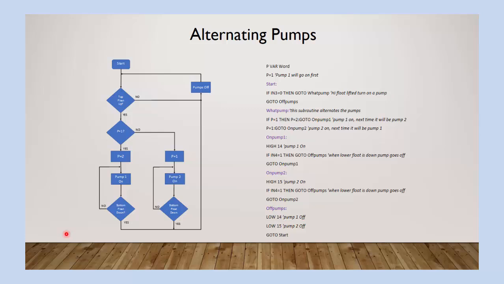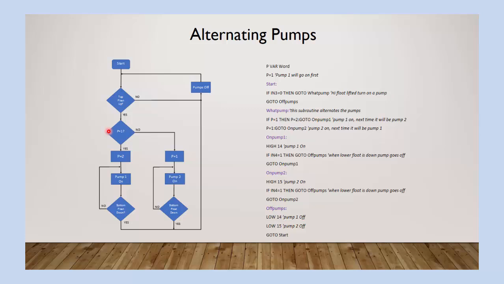Let's discuss the flowchart and the program. So we start, as in the previous example of the one pump that we had in the past session. We had one pump with two floats, but now we have two pumps with the same two float switches. So we start off the same, where we ask if the top float is up, and if it's not, the pumps stay off, and if it is, then we ask ourselves if P equals 1.